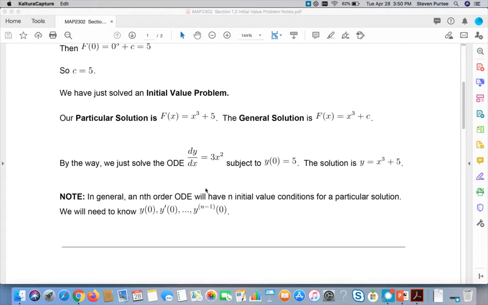You'll need one for the original function and one for each derivative up to n minus 1. So if we had a fifth order ODE, we would need 5 initial value conditions: y of 0, y prime of 0, double prime, triple prime, and the fourth derivative all at 0.